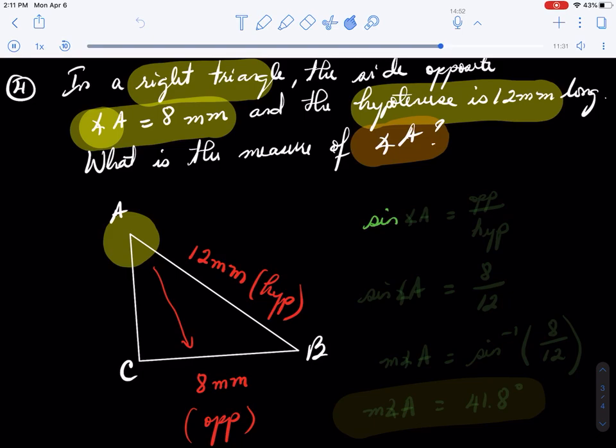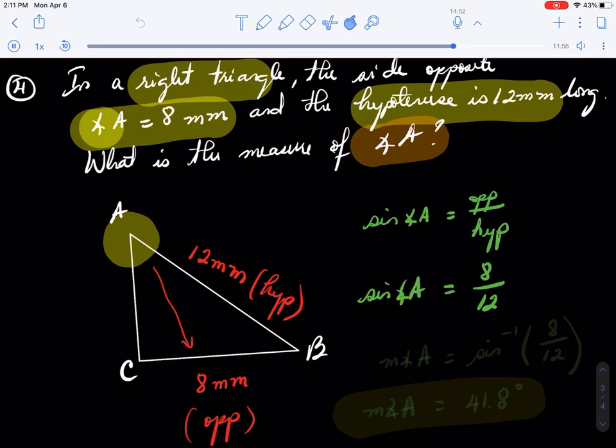Sine of a certain angle, angle A, should be opposite over the hypotenuse. You should have 8 over 12.